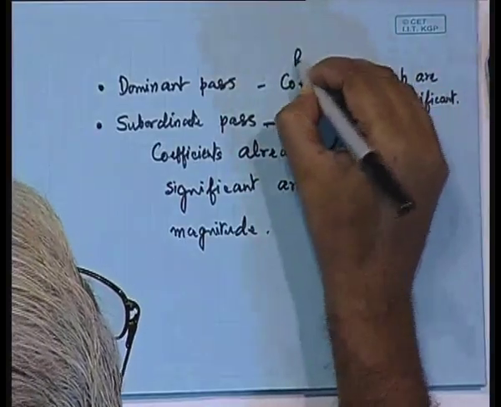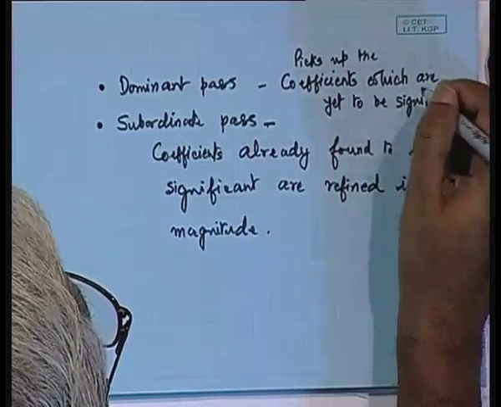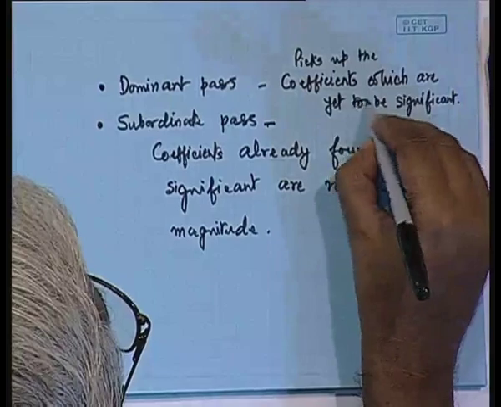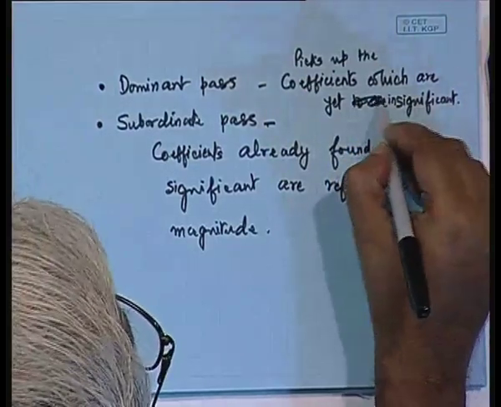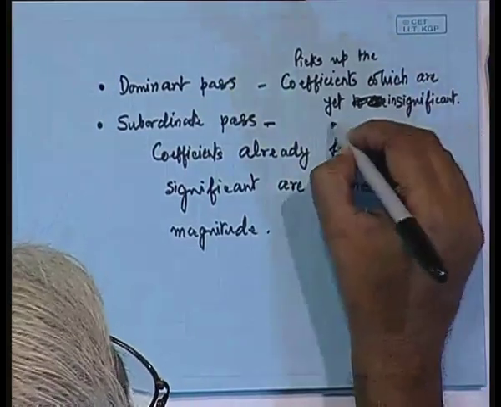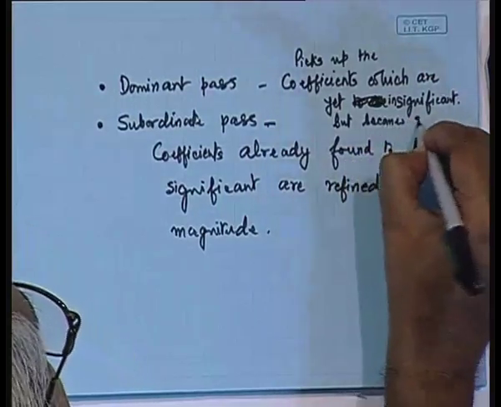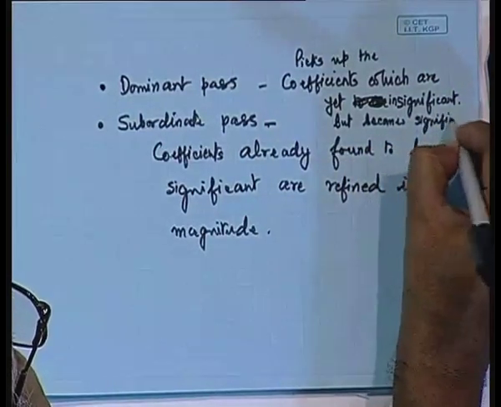So, like this there is a successive approximation done in the magnitude encoding, and that successive approximation is carried out in the subordinate pass, and the dominant pass basically picks up the coefficients which are yet insignificant. I should modify the language: the dominant pass picks up the coefficients which are yet insignificant but become significant in the current pass.